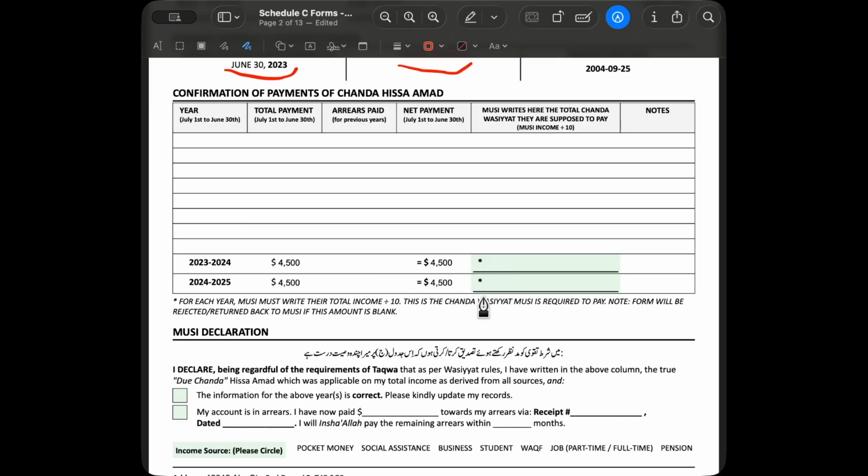So he has to declare his Chanda Wasiyat for 2 years. Let's say if Musi was supposed to pay this amount during the year, then he will write the same amount here. Let's assume for the second year, his income had gone up and he was supposed to pay $5,000 in Chanda Wasiyat, whereas he has only paid $4,500, then he will write $5,000 here.